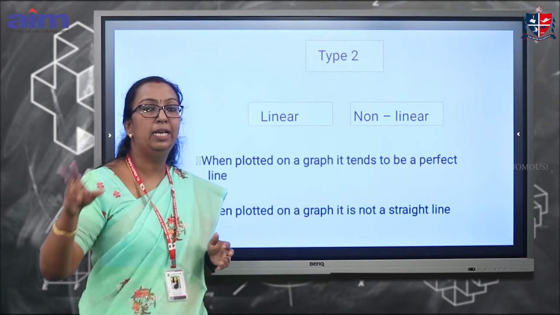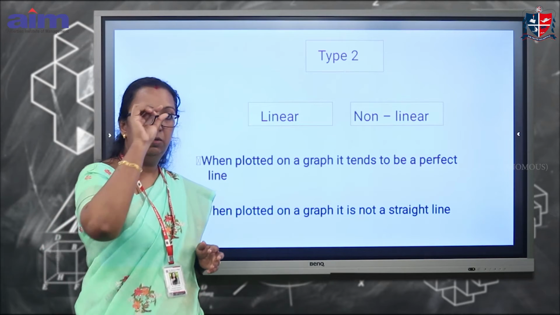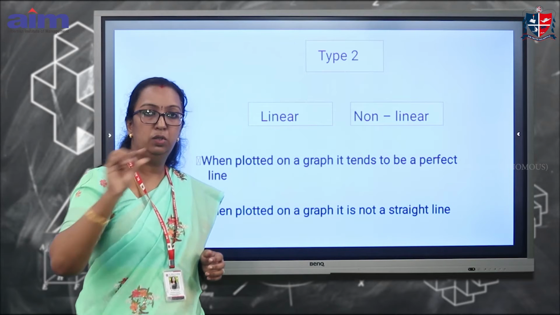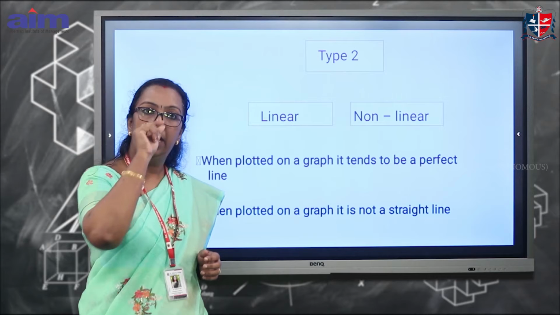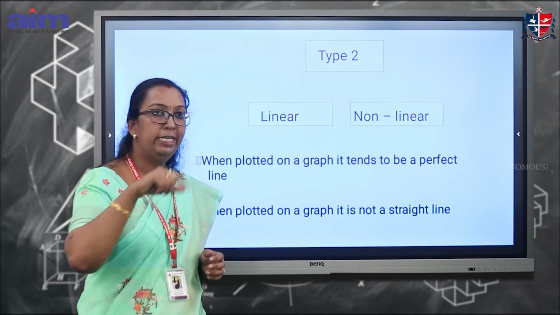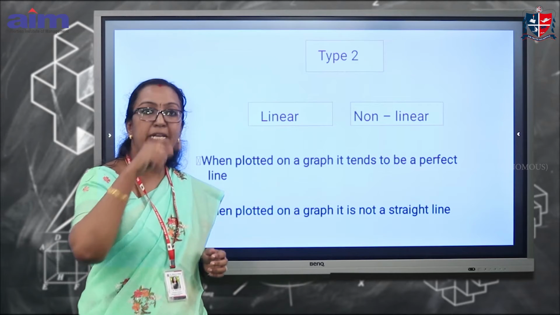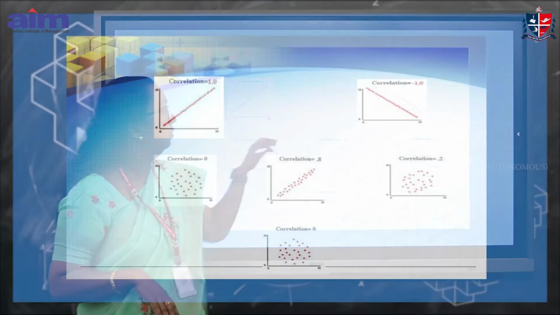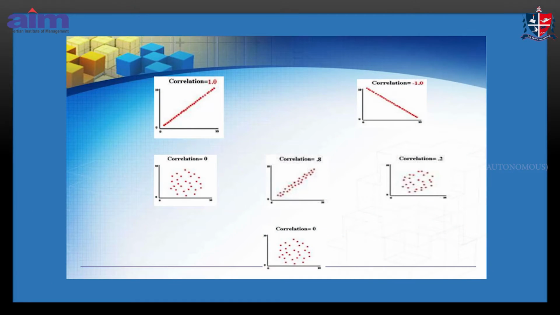When you plot in the graph, if you are able to get a straight line through the data points, then that is a linear relationship. If you are not getting a straight line, or if you are getting a curve, then that is a non-linear relationship.